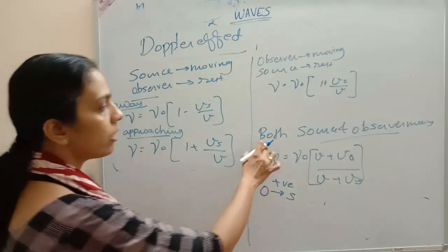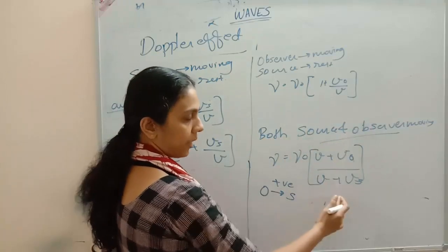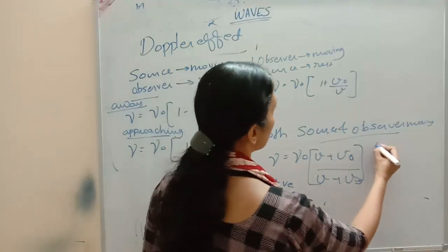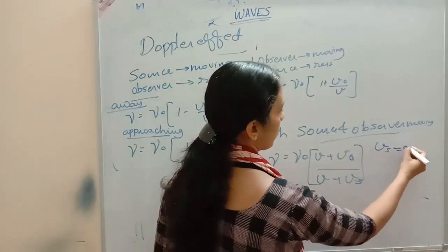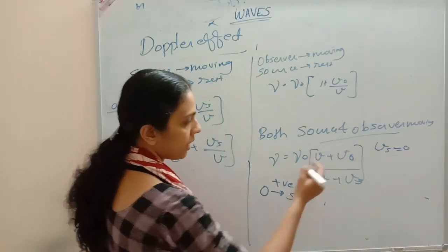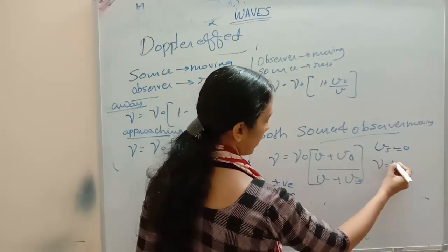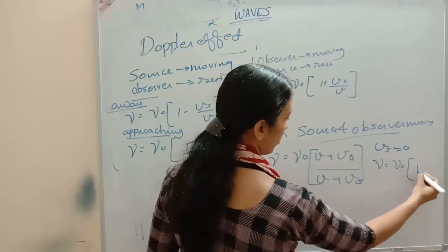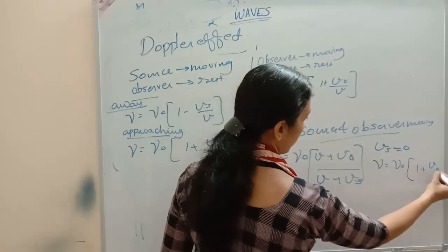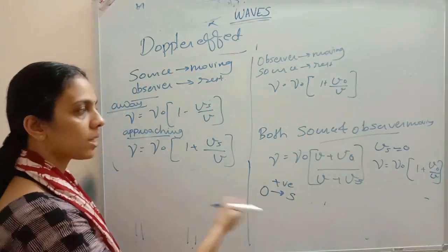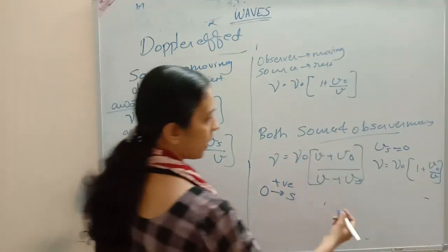Okay, so here if both source and observer is moving, suppose if source is at rest, Vs is 0, source is at rest. Okay, Vs is equal to 0. Now, how the equation will be, nu equals nu 0 into 1 plus Vo by V. Like that it will change. So, suppose observer is at rest, what will happen?